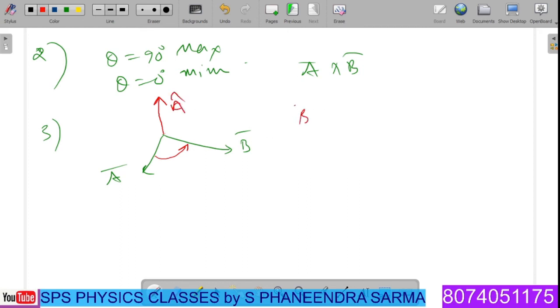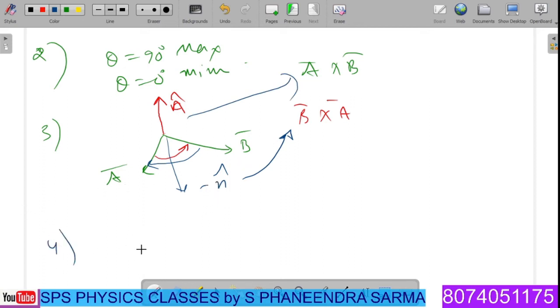Suppose you are measuring b bar cross a bar. In such a case, we have to take the reverse value, and we get minus n cap in this direction. So this gives you b bar cross a bar, and this gives you a bar cross b bar. Like this you have to consider here.